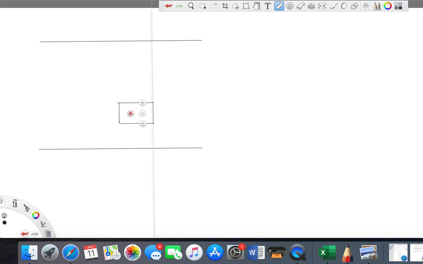So, if we have a ship on the surface, and I'm not going to try to draw a ship, but imagine we have our ship on the surface, and the ship has in it a device which produces ultrasound.